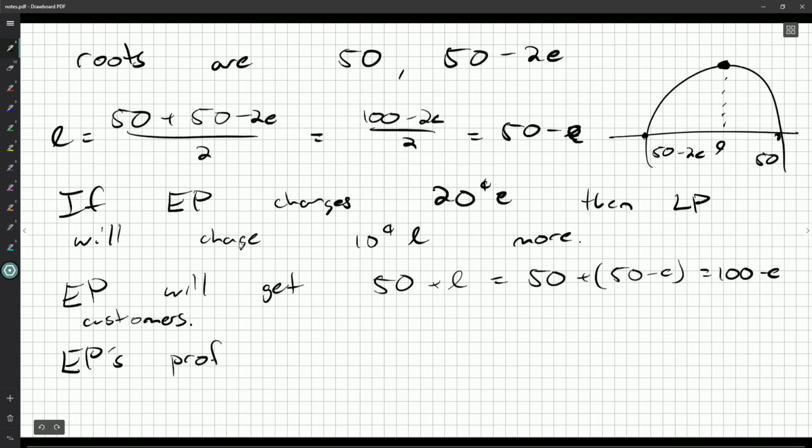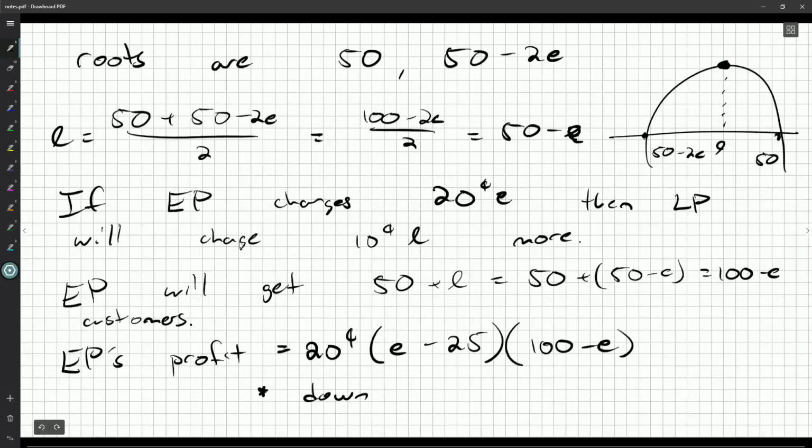EP's profit. I expect this will also probably be a downward facing parabola, but a different one. So, how much are they charging? 20 cents times E, but you have to subtract off the cost of the pizza, which is $5, and $5 is 20 cents. And then 100 minus E. Okay, which again, downward facing.